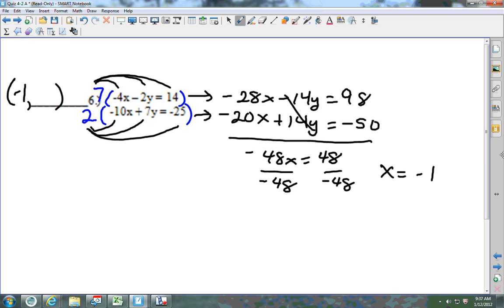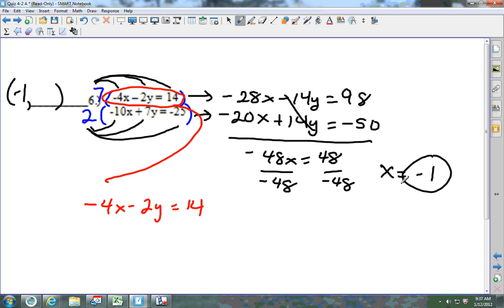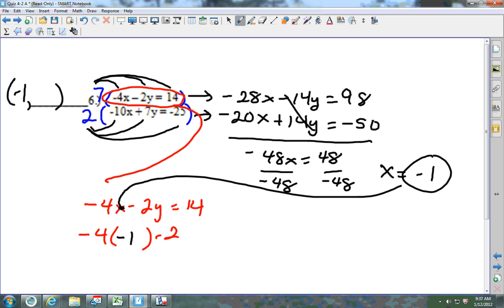Now my y. Choose one of the two equations. I'll choose this one up here: negative 4x minus 2y equals 14. X is negative 1, so put negative 1 in here. I have negative 4 times negative 1 minus 2y equals 14.